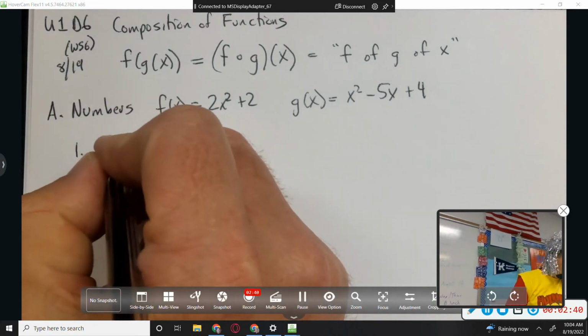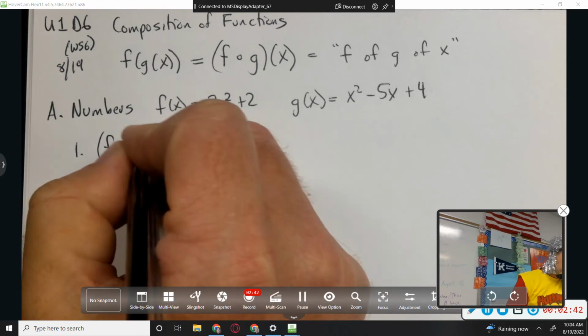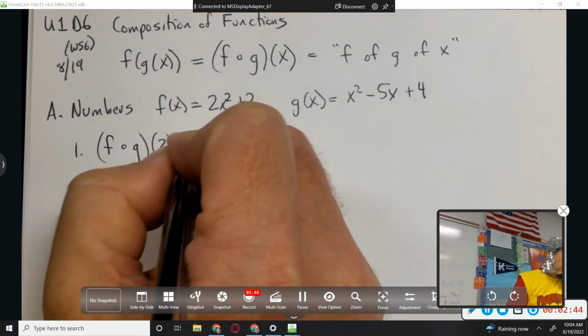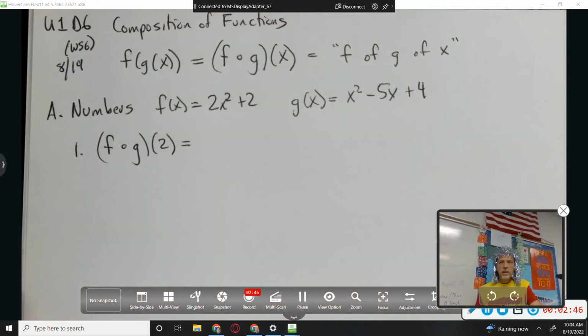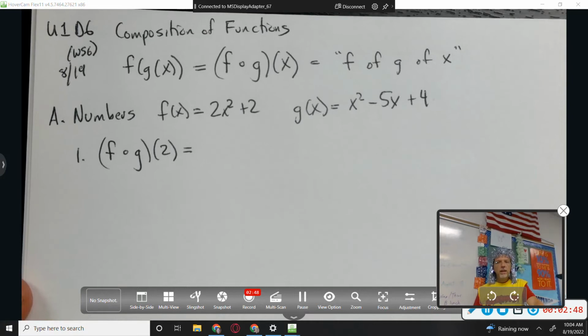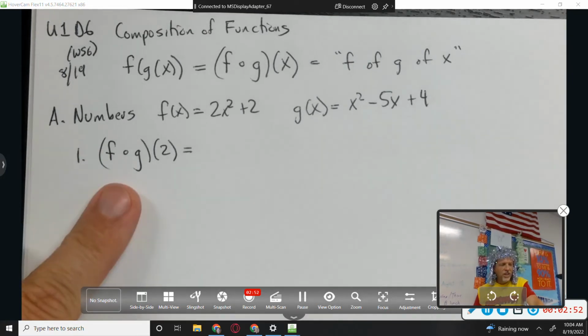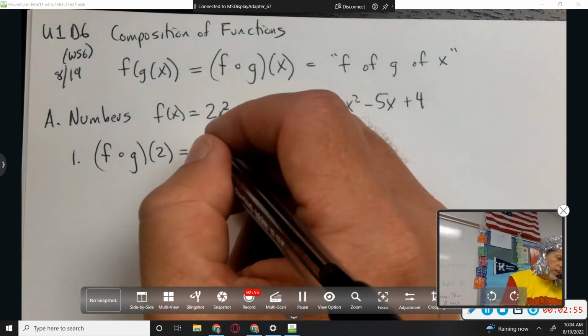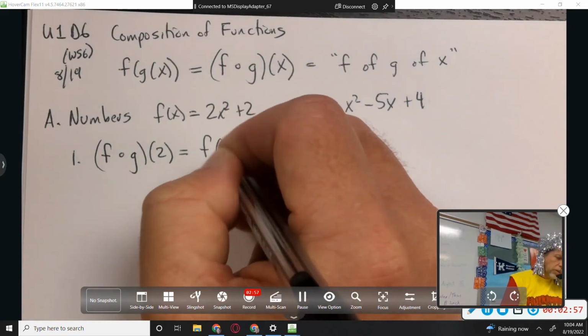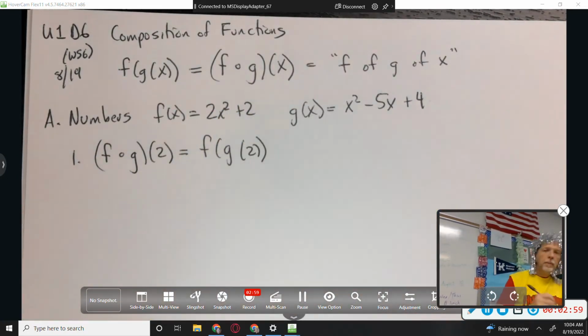So let's work an example. f of g of 2. Again, I don't like that notation because I don't find it as helpful. So I will usually rewrite it this way.